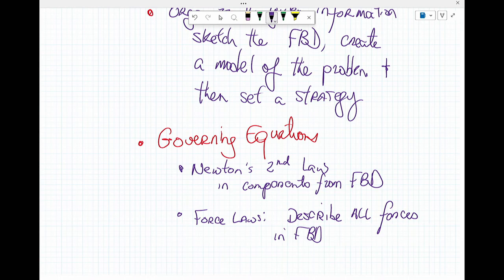So the free body diagram is the most important part of this. Once you have a good free body diagram, once you've considered all possible forces, you're set. But if you miss one, your equations of motion will be wrong.